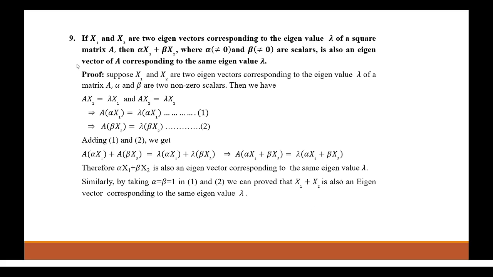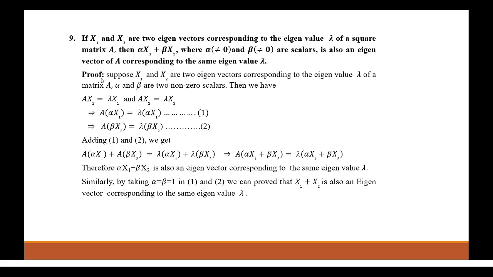Next we move on to property 9. If x1 and x2 are two eigenvectors corresponding to the eigenvalue lambda of a square matrix A, then alpha x1 plus beta x2, where alpha is not equal to 0 and beta is not equal to 0 are scalars, is also an eigenvector of A corresponding to the same eigenvalue lambda.